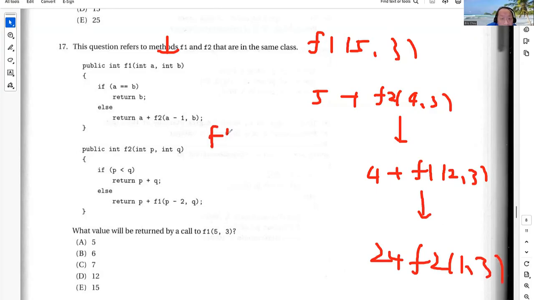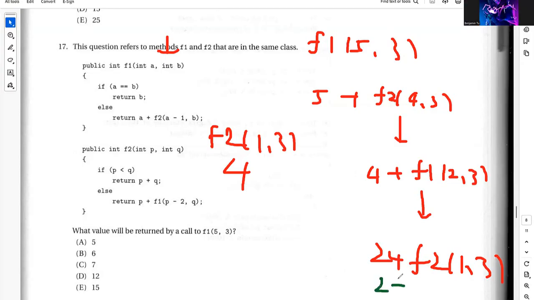And F2 would just return 4. So you can return 4. So that's 6, 4, 5, so that's 15. That would be 2 plus 4, that would be 6. 6 plus 4 is 10. 10 plus 10... 15, which is E.